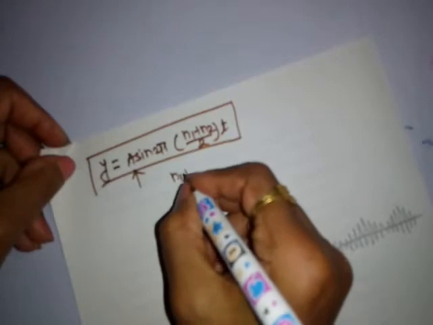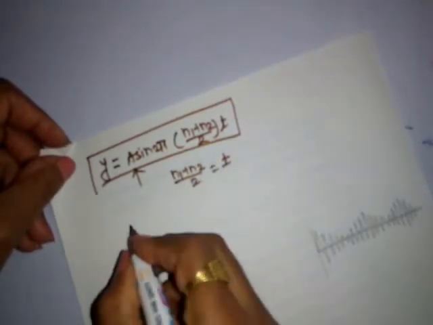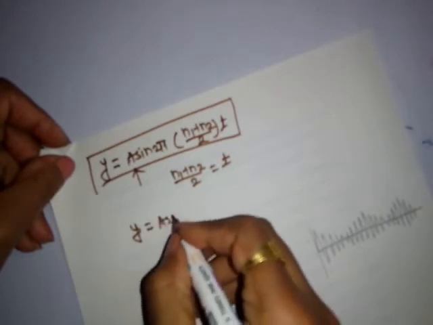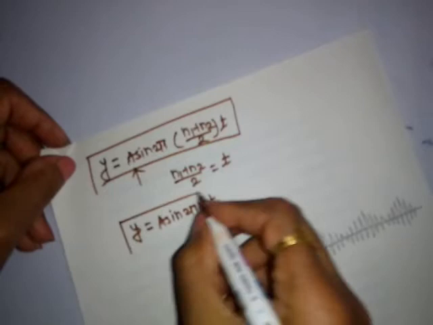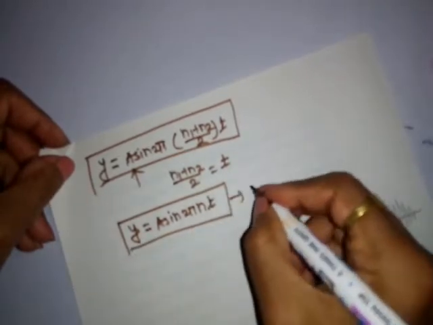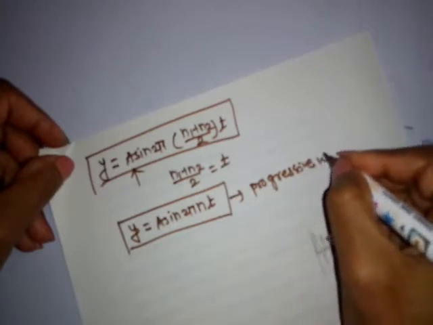If we substitute in the above equation (n1 plus n2) upon 2 is equal to n, then the above equation becomes y is equal to A sin 2 pi n t. This equation represents the equation of a progressive wave.